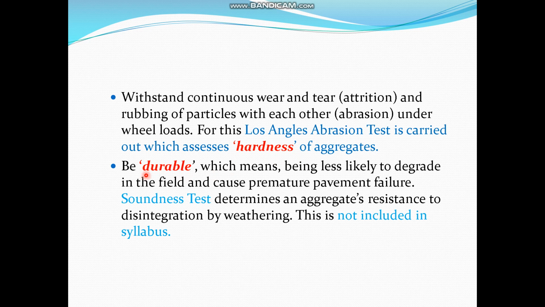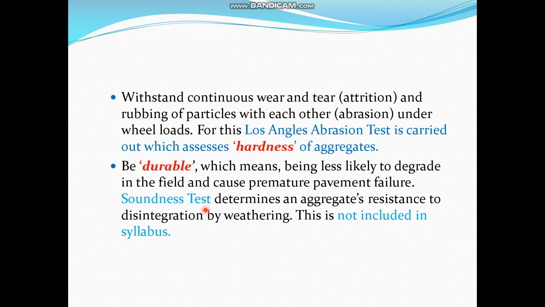Lastly, there is the durability criteria, or the durability performance indicator, which is determined by the soundness test. In this test, we see whether your aggregate is resistant to weather conditions.